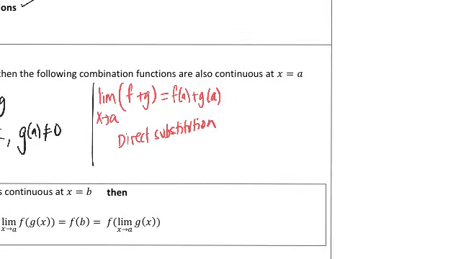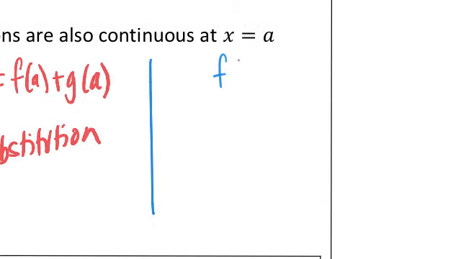Let's talk about composite functions. A composite function means we're doing f of g of x, and for a composite function to be continuous, it's a little bit different than the other combinations that we talked about.